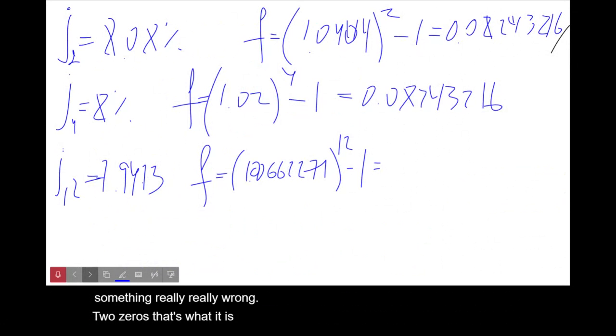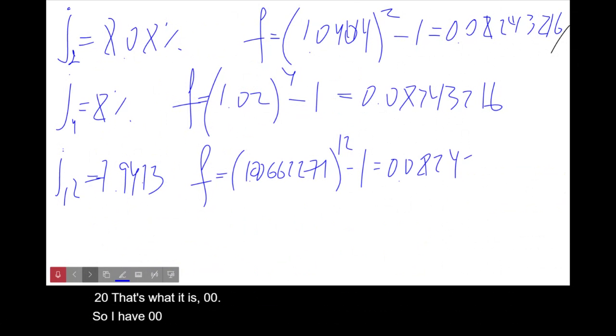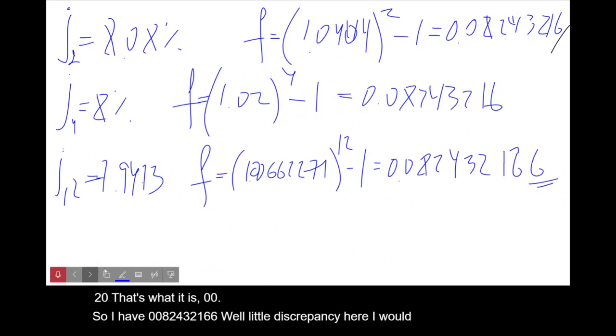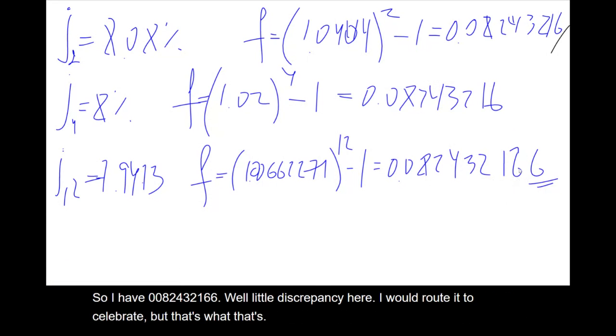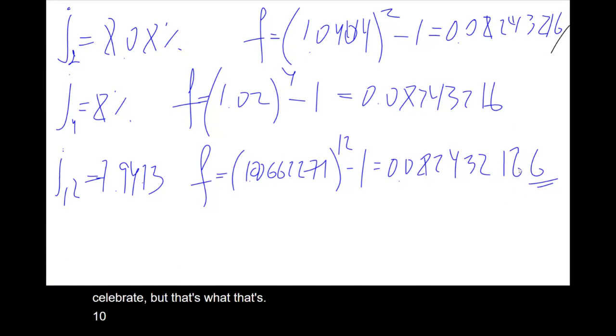0 0. So I have 0 0 8 2 4 3 2 1 6 6. Well, little discrepancy here. I would round it to silent, but that's 10 million accuracy.